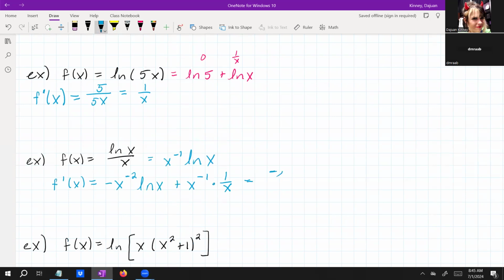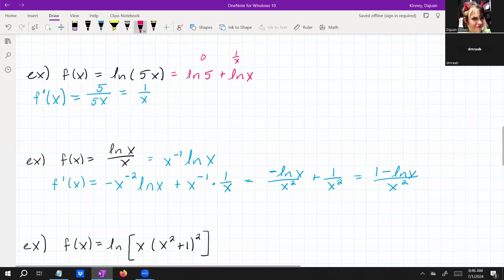So I get negative natural log of x over x squared plus 1 over x squared, which gives me 1 minus natural log of x over x squared. That should be right.